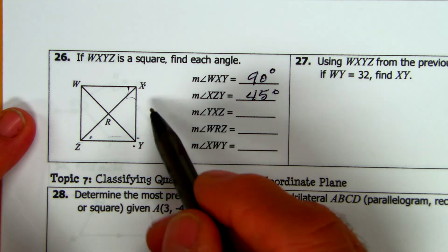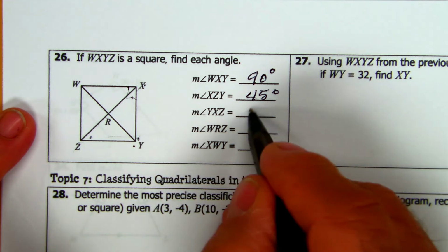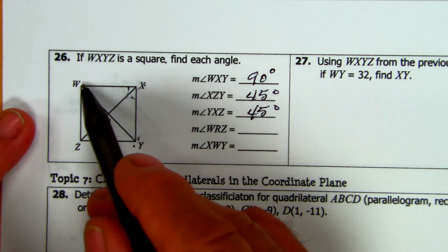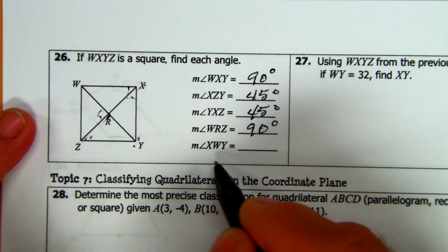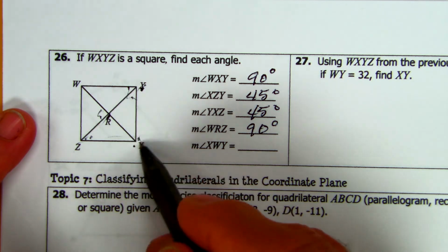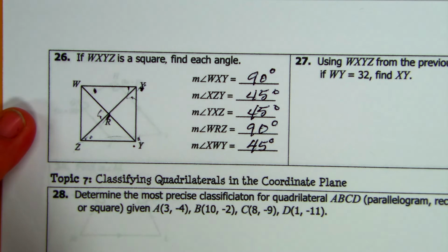Angle YXZ, 45 degrees. Angle WRZ, 90 degrees. Angle XWY, 45 degrees. Okay. Angles of a square, quite easy.